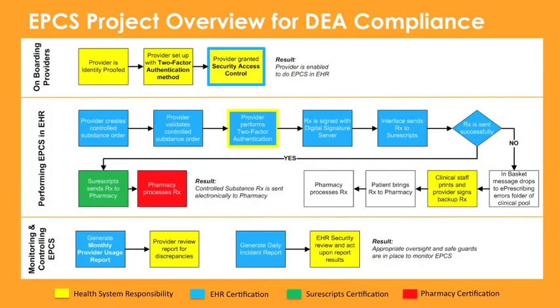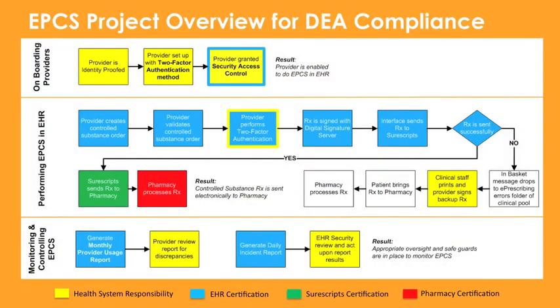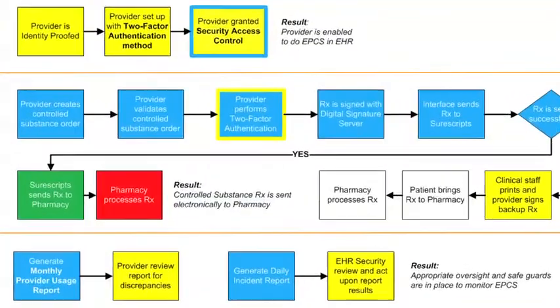So this diagram represents our big picture overview of DEA compliance for the electronic prescribing of controlled substance process. We use this with our management in order to explain to them that there was more than just software certification involved. And so if you look at the colors on the diagram, the yellow colors indicate where we, the University of Michigan Health System, had responsibilities to demonstrate the DEA compliance.